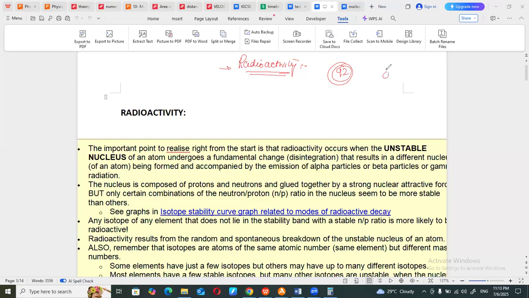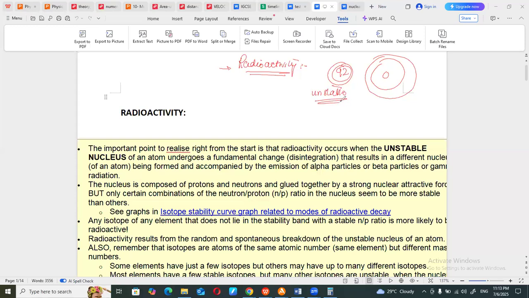Being such a very big nucleus, they are unstable in nature. Why are they unstable? Because there are multiple shells in which the electrons are revolving, so the electrons are not held strongly enough, and the nuclear forces for them will be quite weak. So technically speaking, they are unstable in nature.